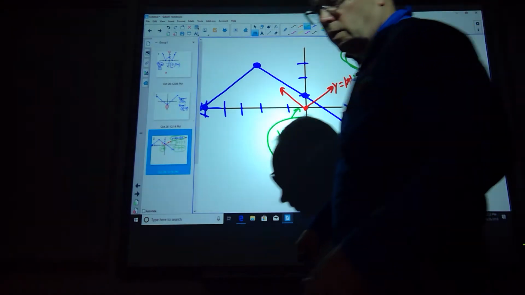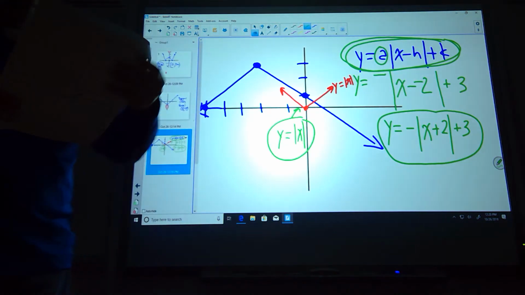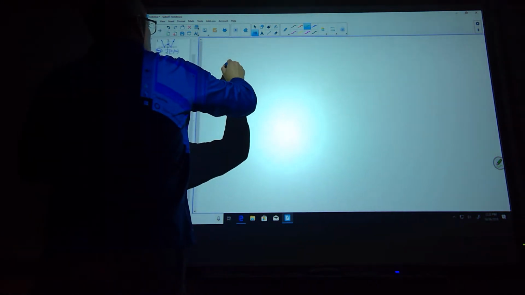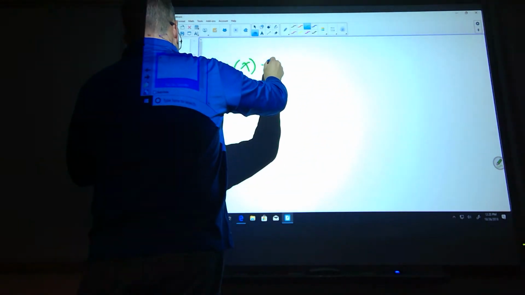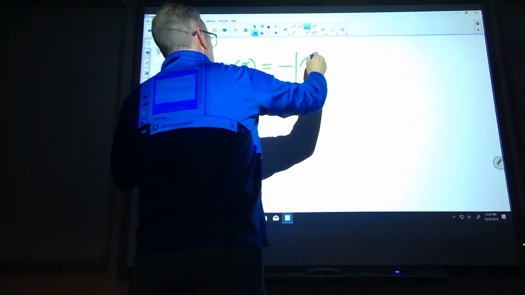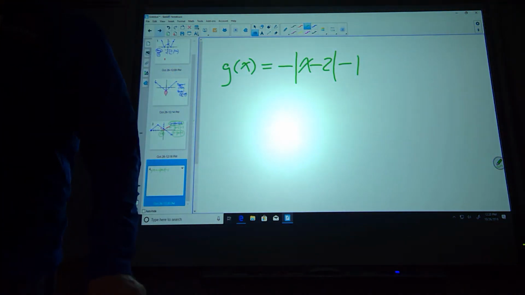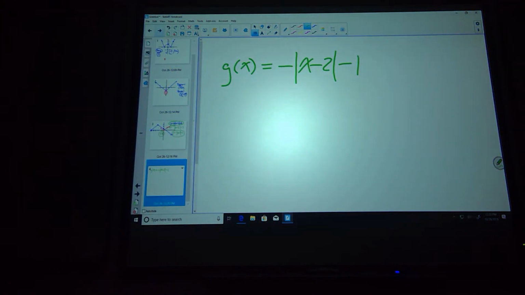All right. Done there. Oh, this is a good one. We have g of x. That's the same thing as y, isn't it? Okay, so does this shift right or left? Right. Why does it shift right? Because there's a negative in there, negative 2, right? Cool. Does it shift up or down? Down. How many? 1, because the minus 1 outside makes it shift down.